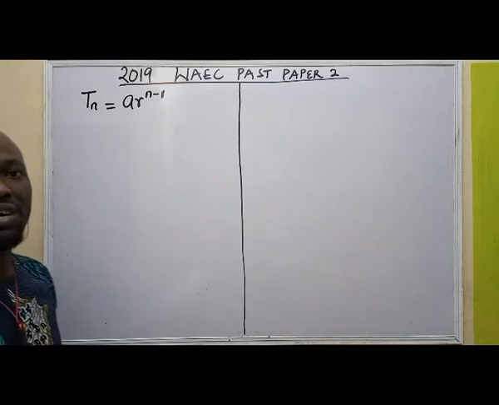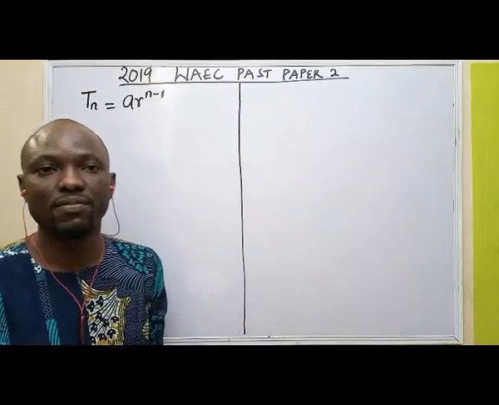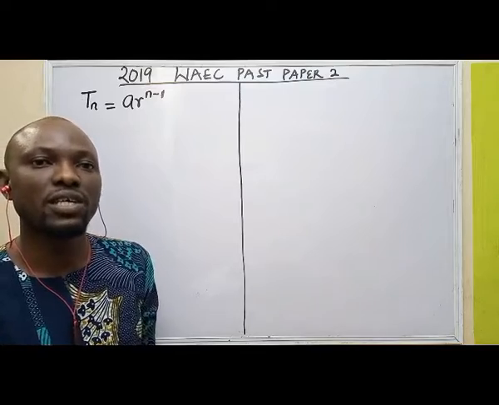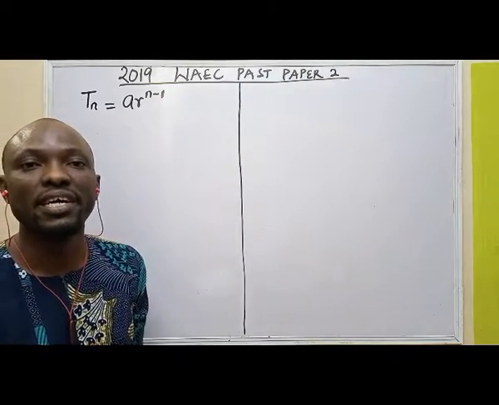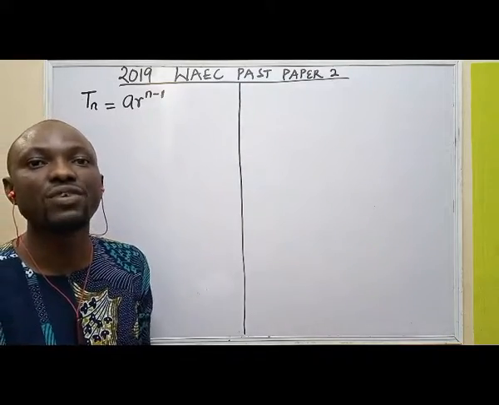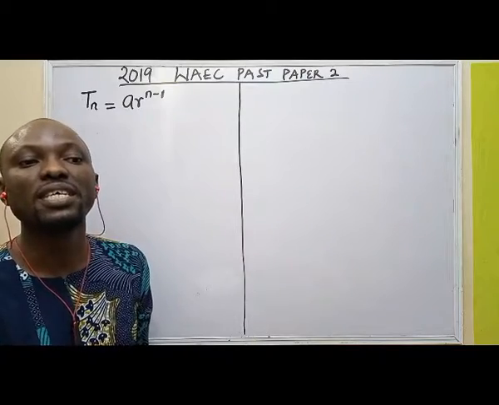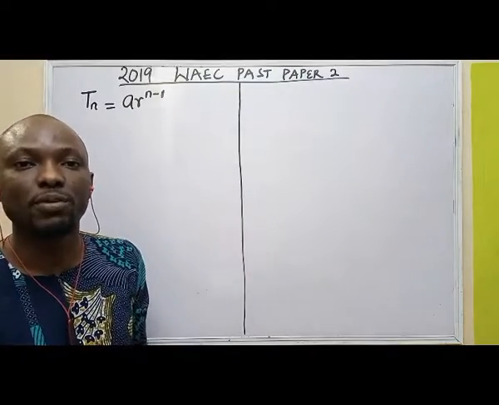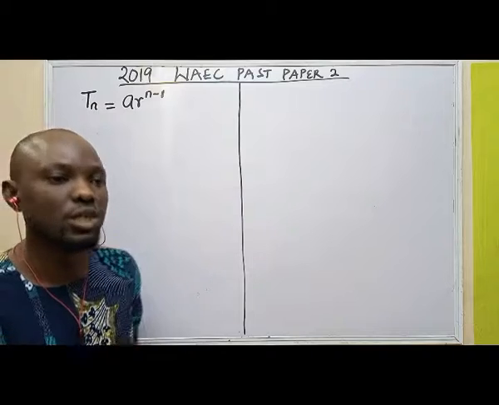Now, if you watch my video on series and sequence, I said there is a relationship between n and T sub n, that for every n, there is a corresponding value for T sub n.